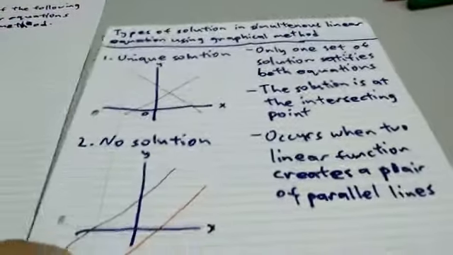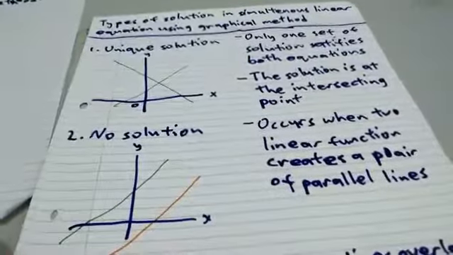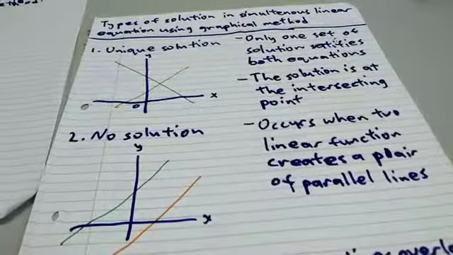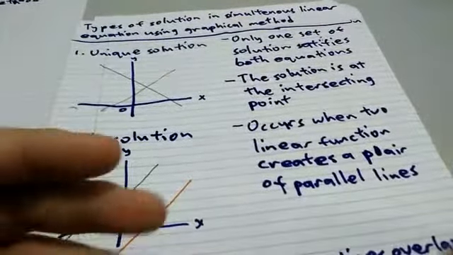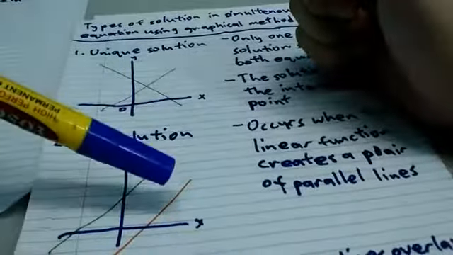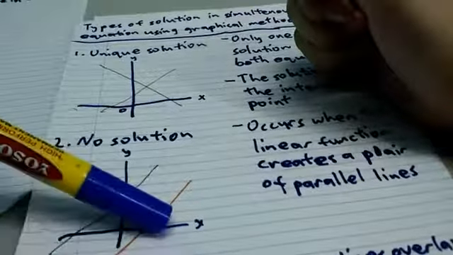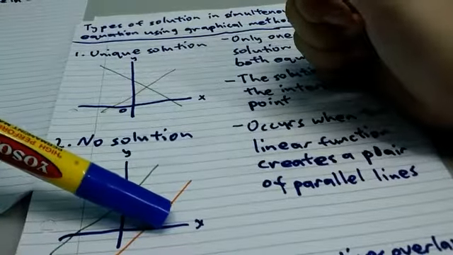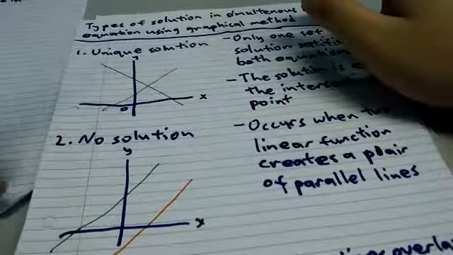And let's move forward to no solution. Now, what is no solution? No solution means the lines do not intersect. Yes, they do not intersect, which means the lines are parallel. Because when you have two lines and one of them is slightly not parallel to the other, these two lines will eventually intersect.